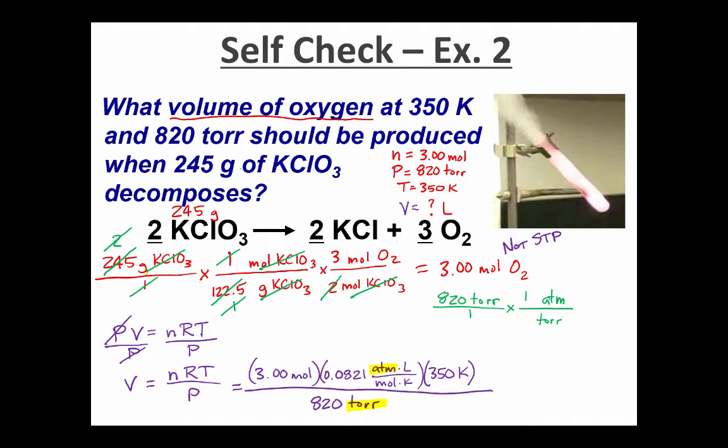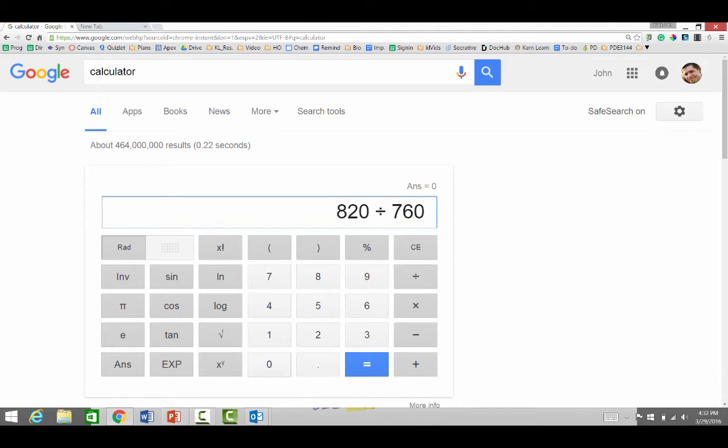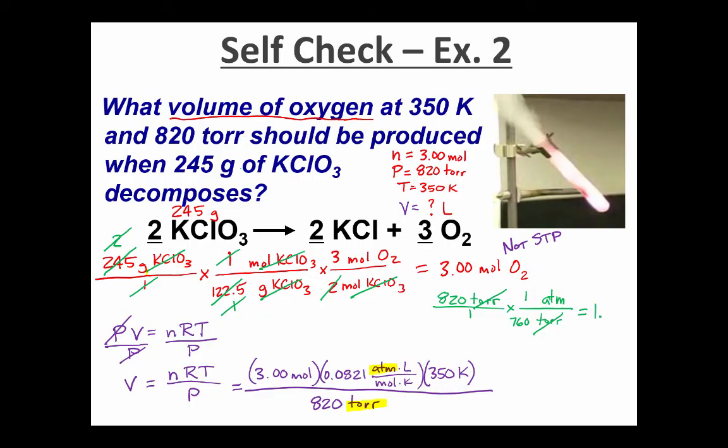1 atm is equivalent to 760 torr. So I calculate the pressure is 1.0789, etc., atm. I'm going to write 1.08, but when I calculate, I'm going to use the full number to be more accurate.